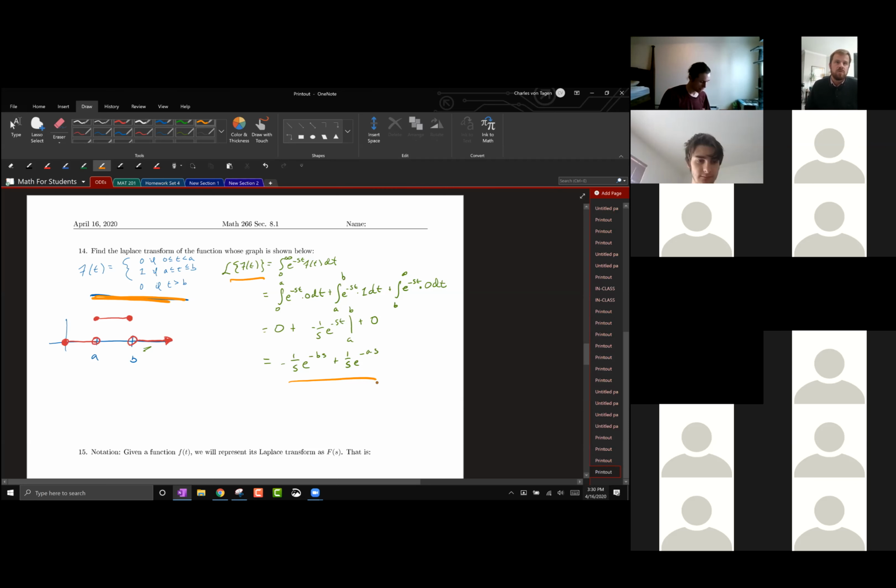It's a combination of exponential functions, a very continuous function in s space. And that's one of the benefits of what we're doing. A lot of functions that are discontinuous in t space are continuous in s space, and so they are easier to work with.